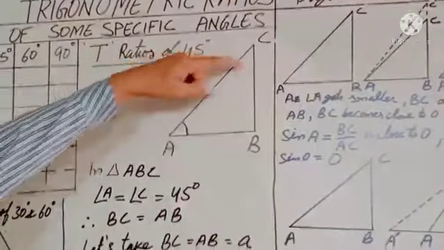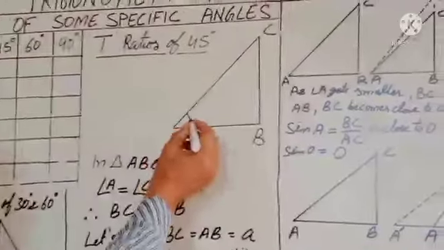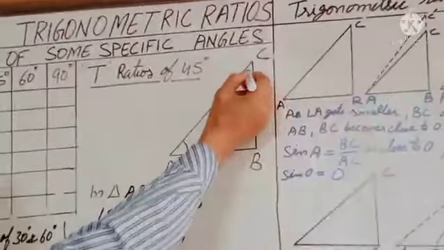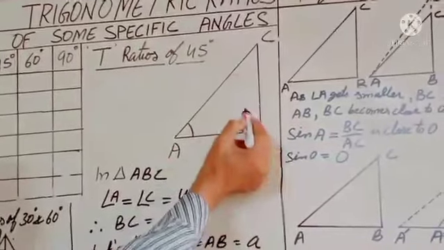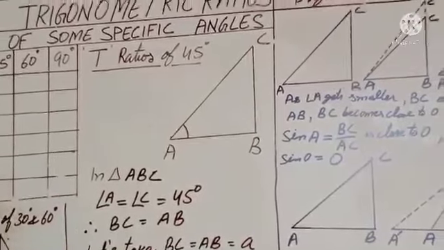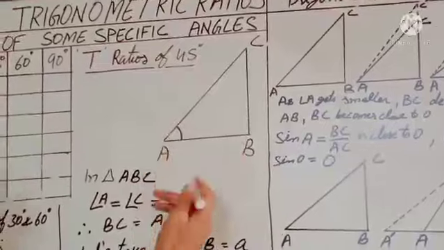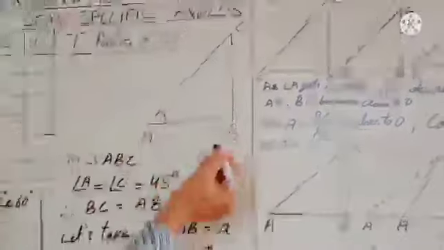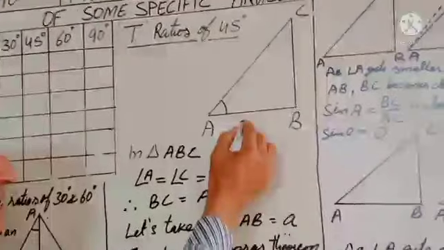So both these become equal, and when these become equal, that means AB and BC are equal, right? Now, once we have said AB is equal to BC, let's take AB is equal to BC is equal to A.